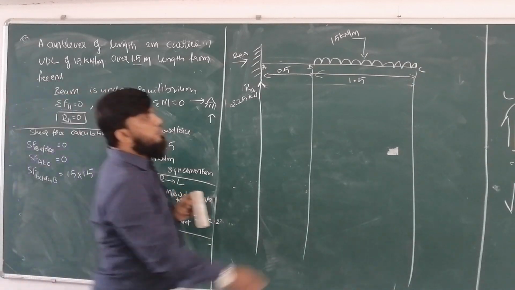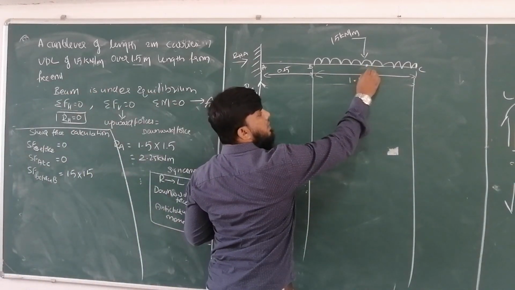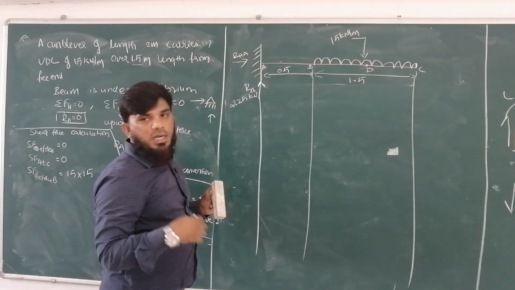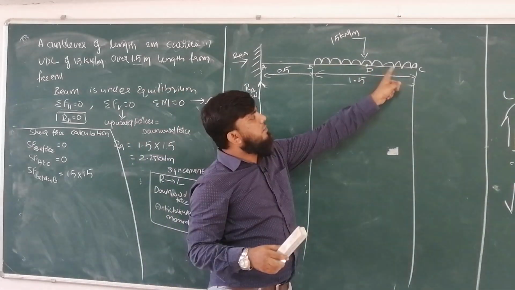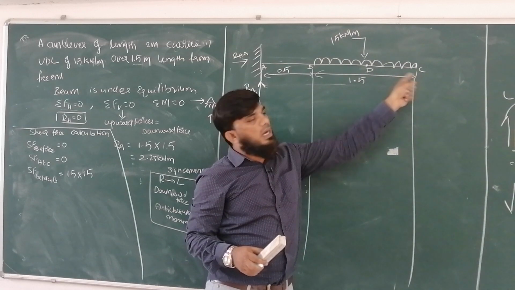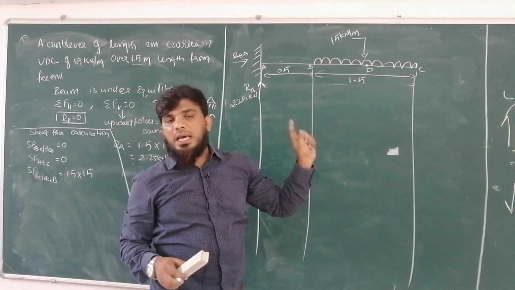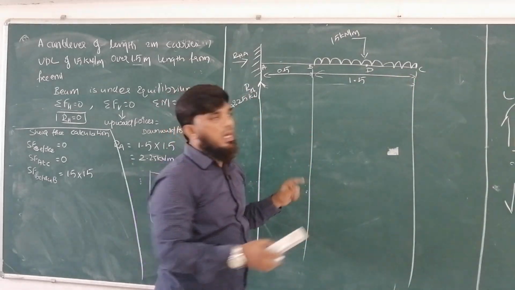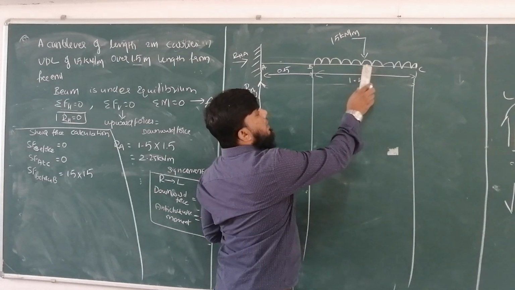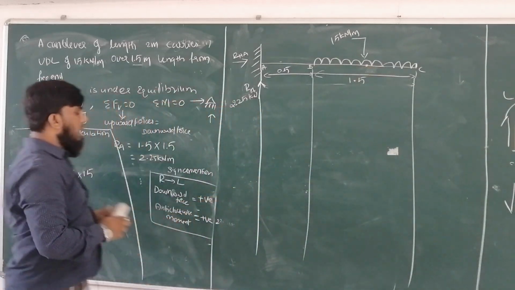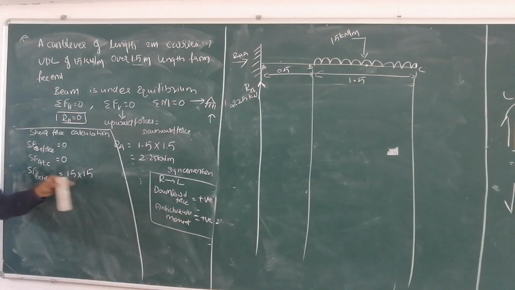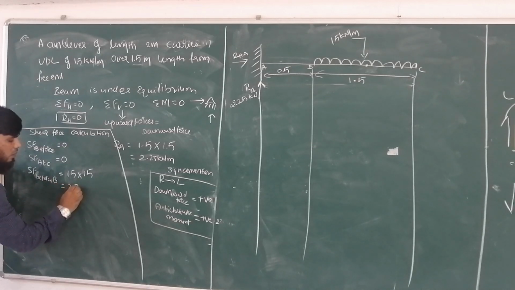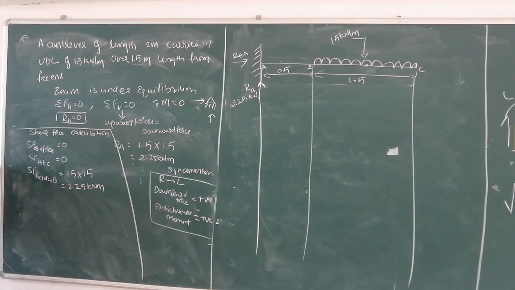For example, if you consider this point D, then before point D it is 1.5 into whatever the length between D and C, you have to consider only that length. But here we are having point B, so I am taking 1.5 into 1.5, which is 2.25 kilonewton.